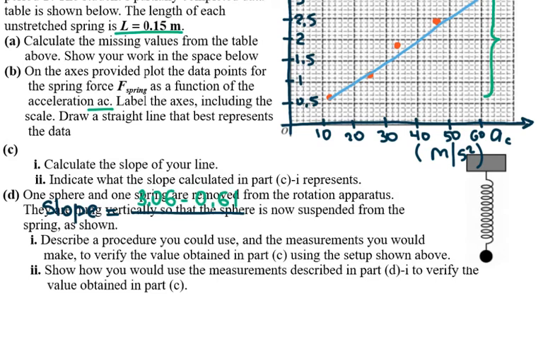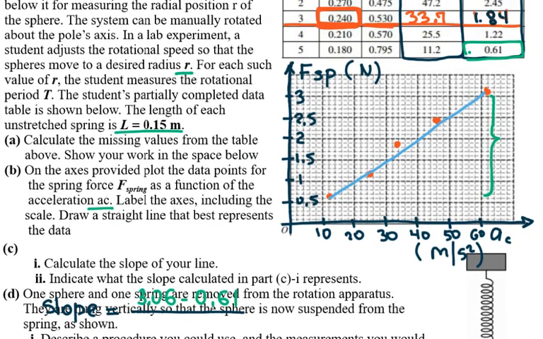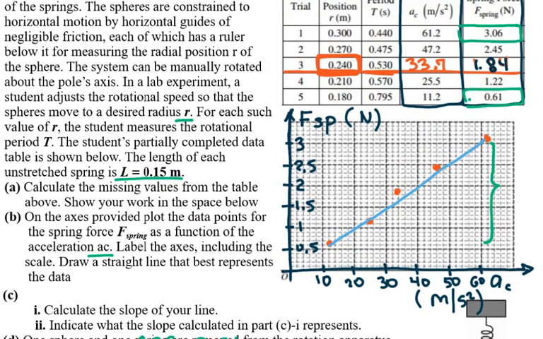And for your x-axis, the run is this part, so it goes from 11.2 to 61.2, so that is 50.